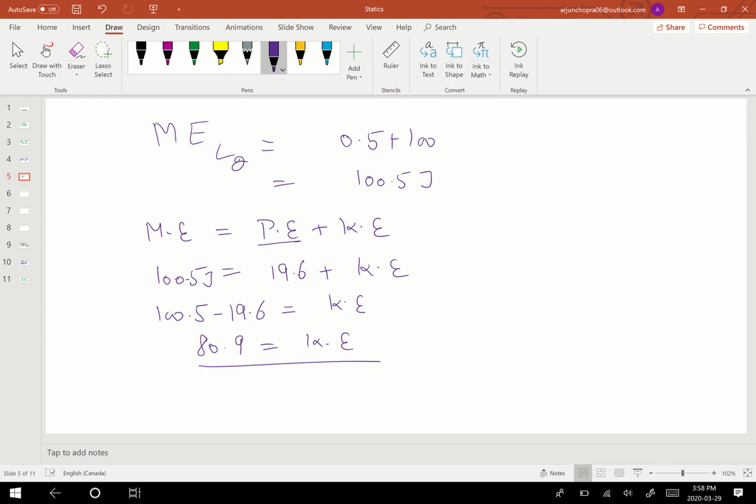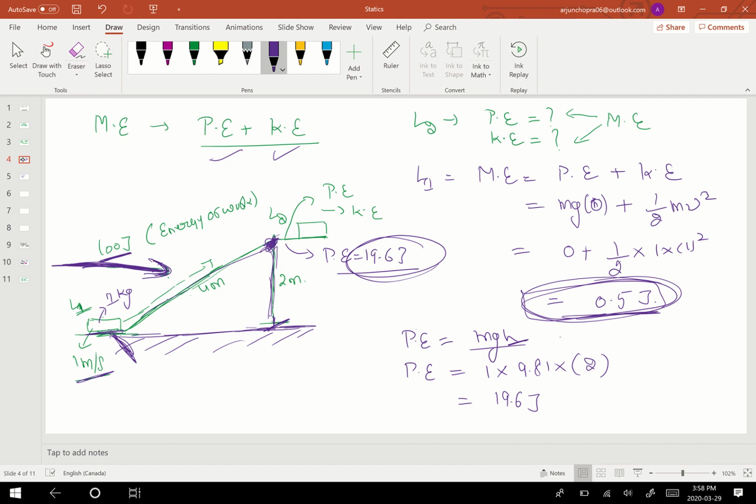Let's extend this question. I also wanted to find out the velocity with which this object is moving.